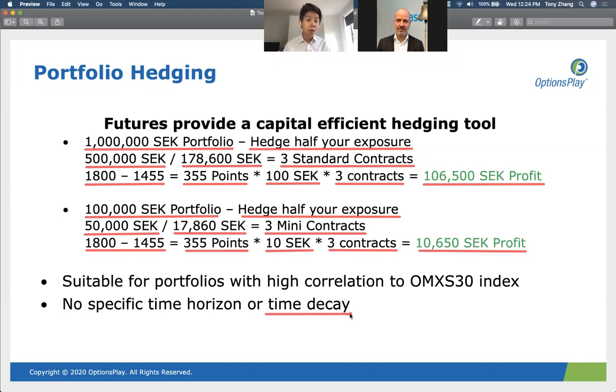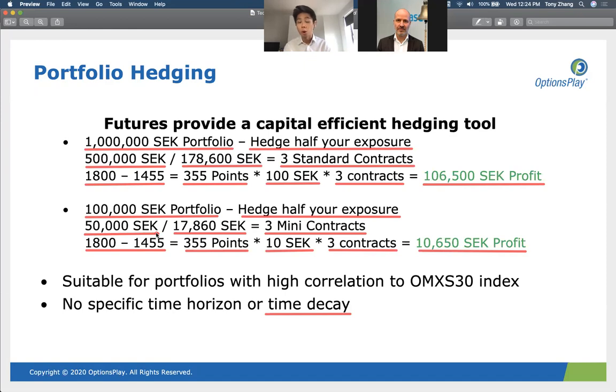But even if it takes a month, that's still a whole month of time decay that you have to pay for that put option. When you're trading futures, you don't have to worry about that time decay. The margin requirement is the only thing that you need to initiate that futures contract. So here, to trade 3 contracts of this, you need about 7,500 crowns to initiate this futures contract to hedge your 50,000 crown portfolio.